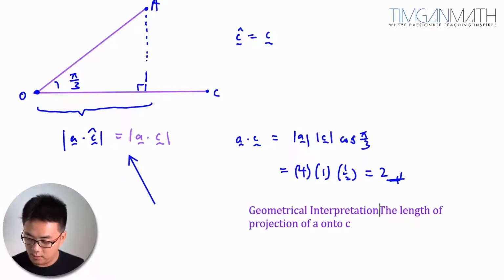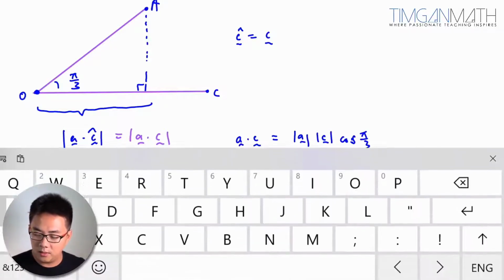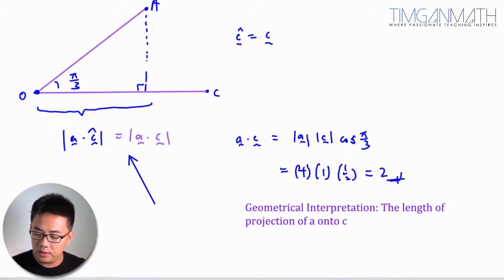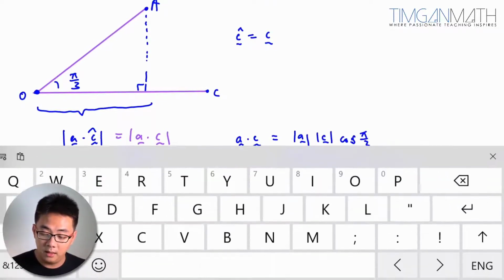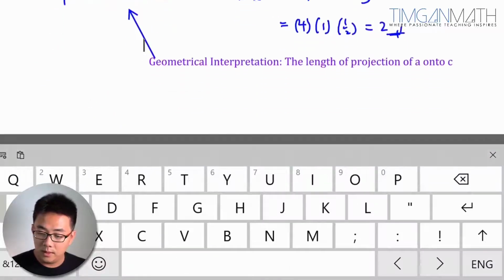Geometrical interpretation just means you find, in terms of geometry, what it is like. So that's about it.